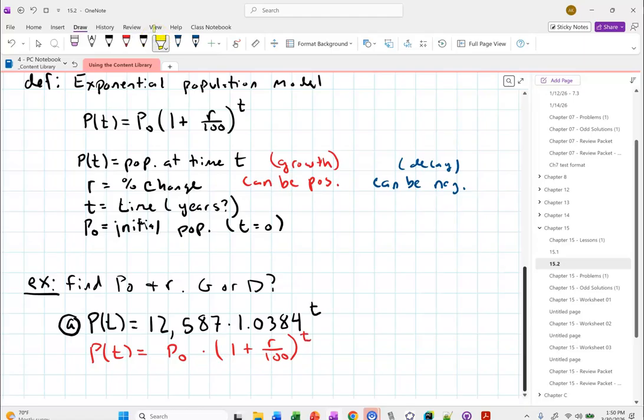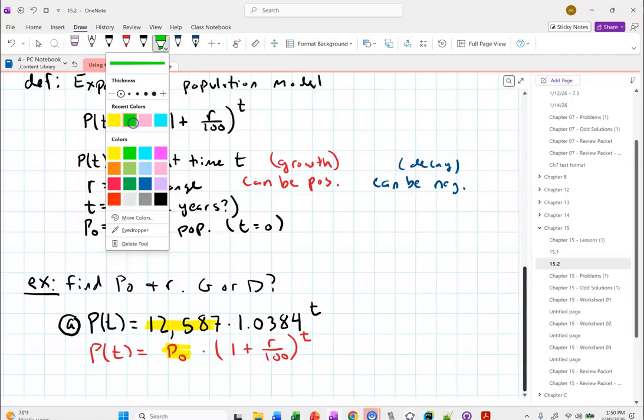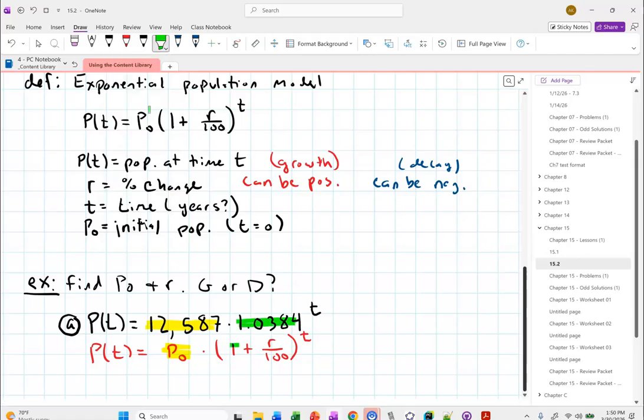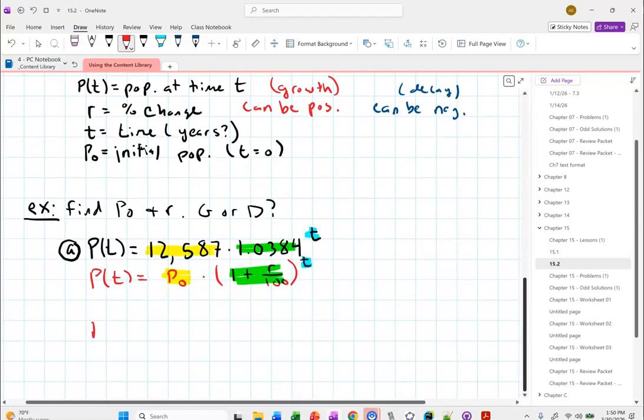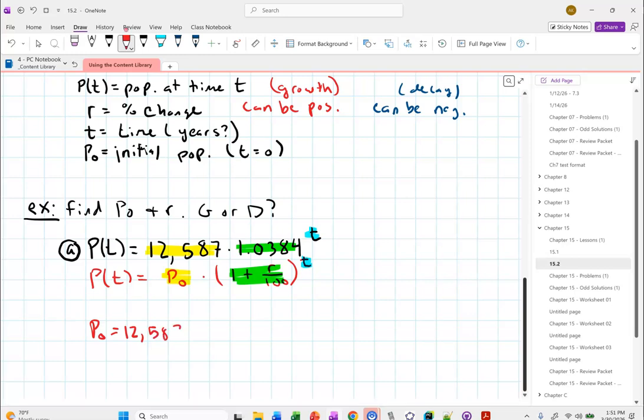So if I compare this to my basic formula, I can identify that the P naught, well, that's clearly the 12,587, right?